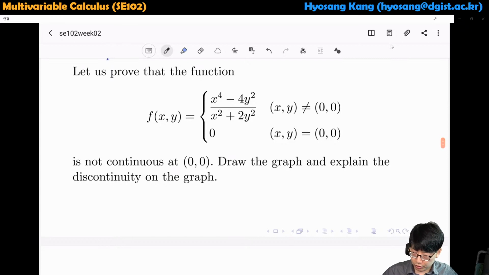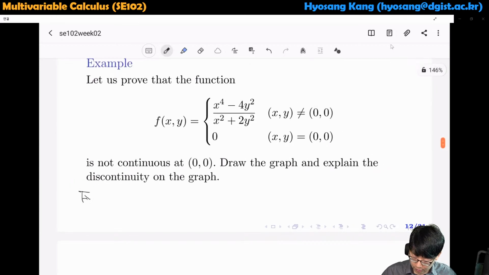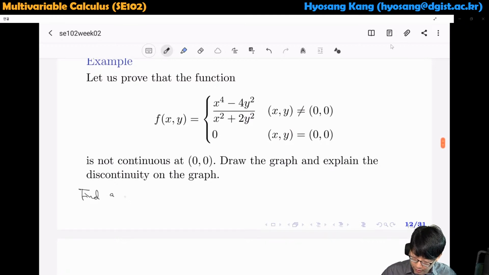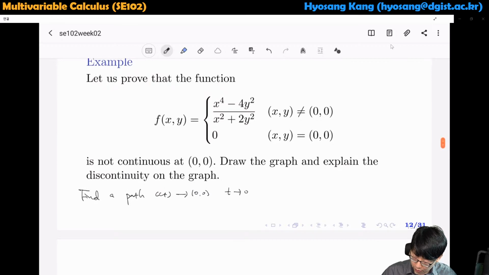So let's try to get a path which approaches (0, 0), but the value of the function does not approach 0. Find a path or parametric function c(t) which converges to (0, 0) when t goes to 0, such that f composite c(t) does not converge to 0.